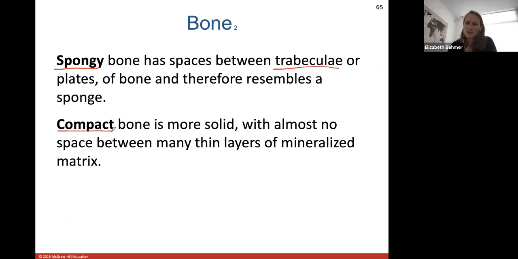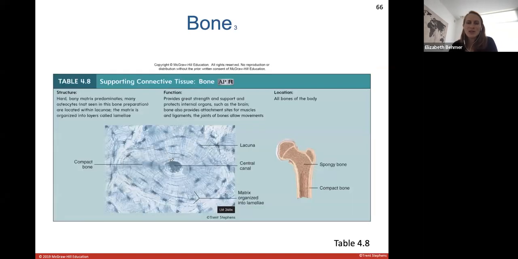And then compact bone is much more solid with almost no spaces between the many thin layers of mineralized matrix. So here we have a look underneath a microscope at about 240 times magnified. We're looking at compact bone. And if you look at this picture here, spongy bone makes up more of the inside of the bone on the ends, and compact bone makes up the edges of your bone itself.